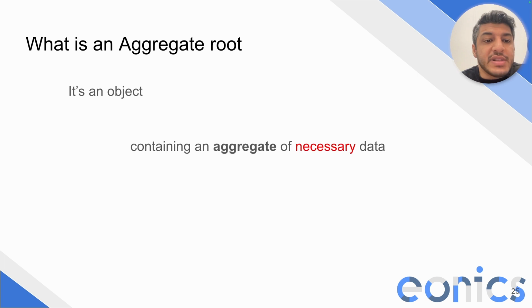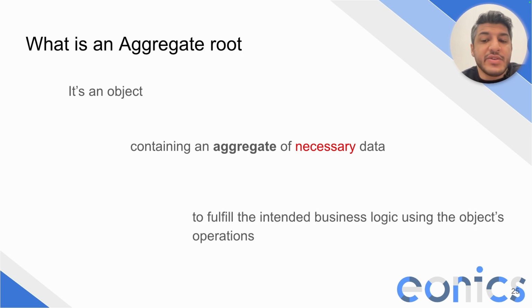Basically, an aggregate root is an object containing an aggregate of necessary data to fulfill the intended business logic using the object's operations. So basically, we have a bunch of data that we need in a certain object, and we have operations, basically methods, in that object to operate on the data that we aggregated.